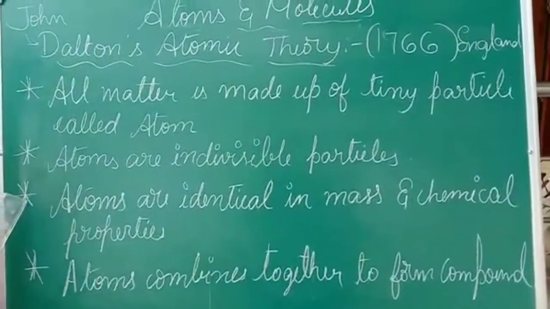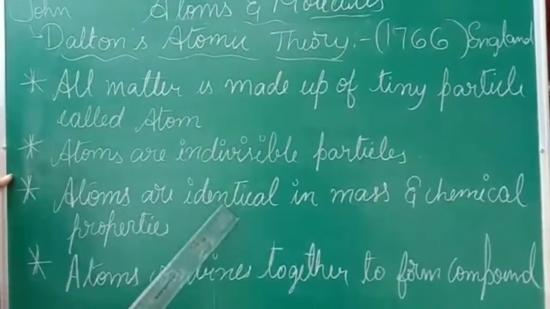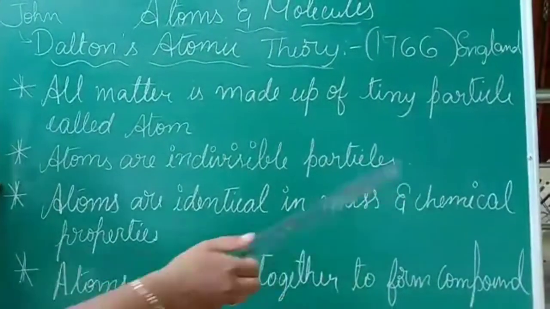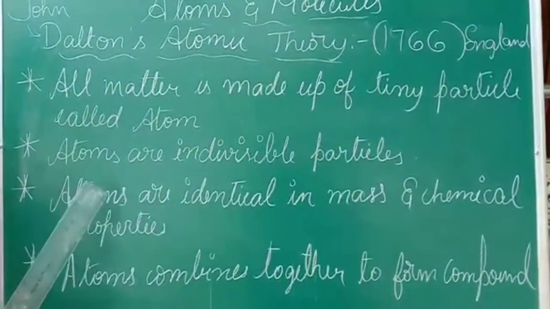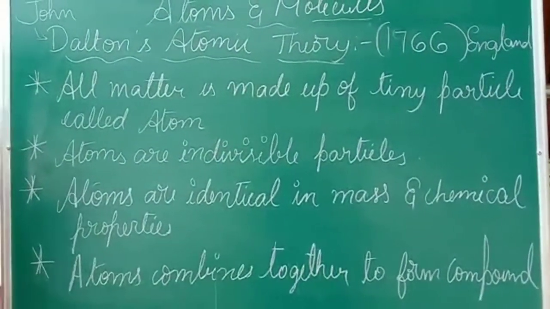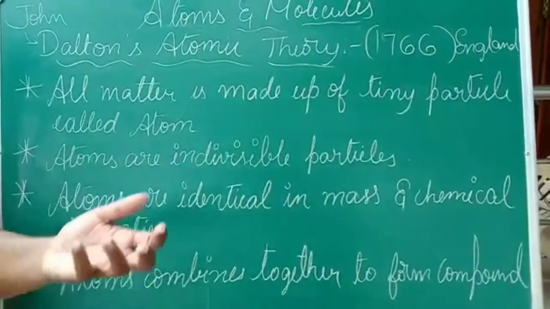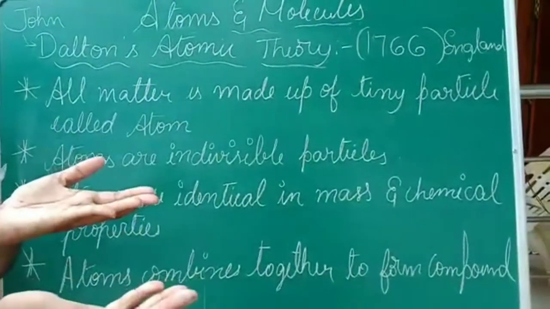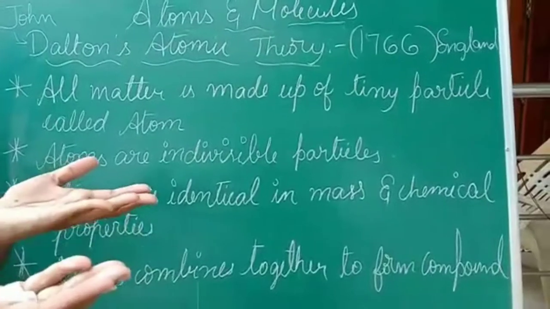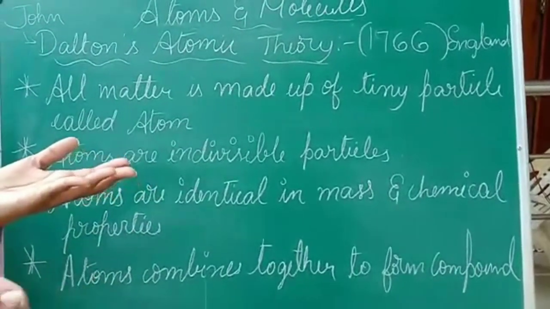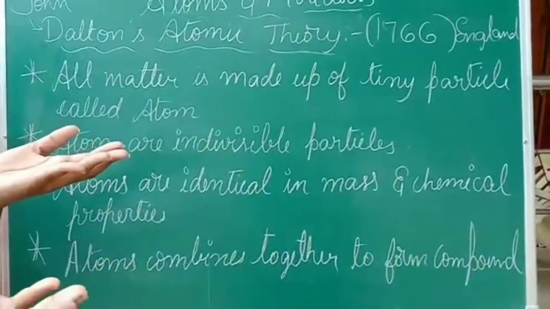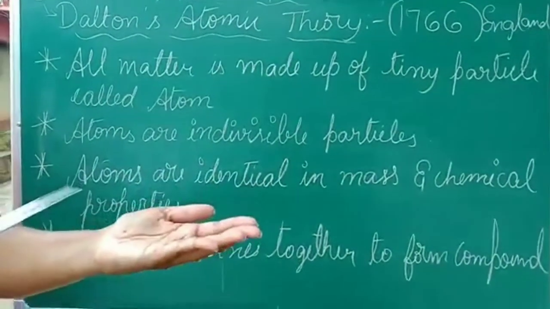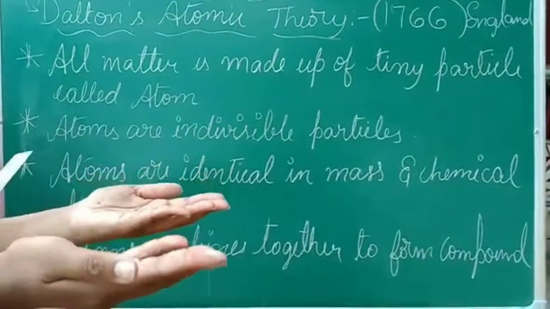And the third postulate says atoms are identical in mass and chemical properties. Identical means it is very similar to each other. This atom is very similar to the other atom. It looks the same, and its properties are also the same. If this atom's weight is 2 grams, this atom's weight is also 2 grams.